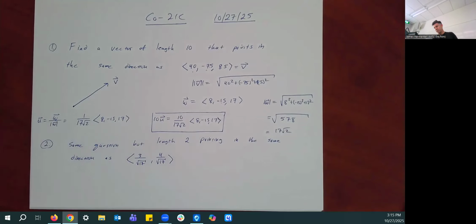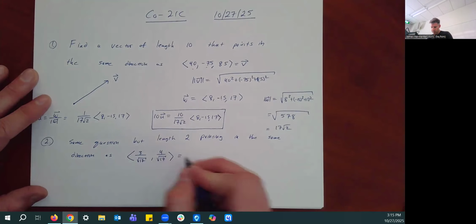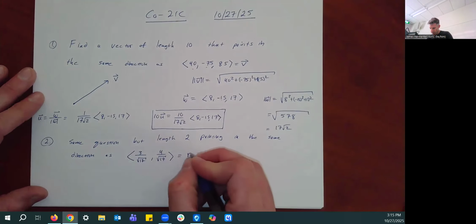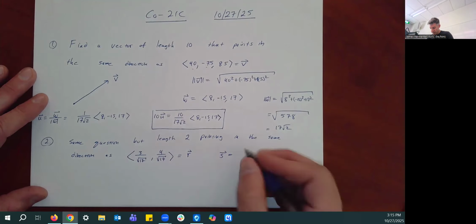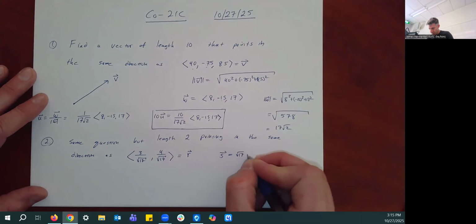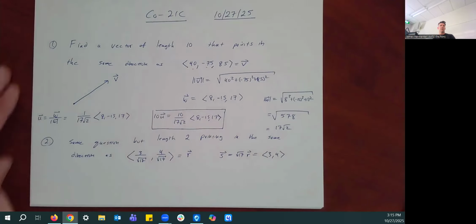The next question is better because the numbers are nicer, but here we can do the same sort of thing. Instead of finding the magnitude of this vector, make your life easier. Let's call this one R. Let's say that the vector S is root 17 times R, which is just a lovely 3 comma 4.